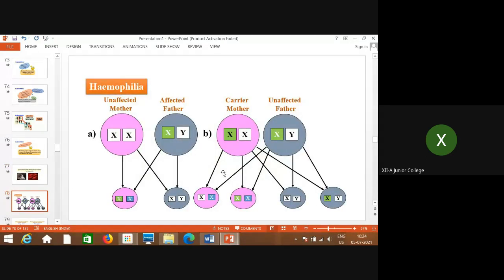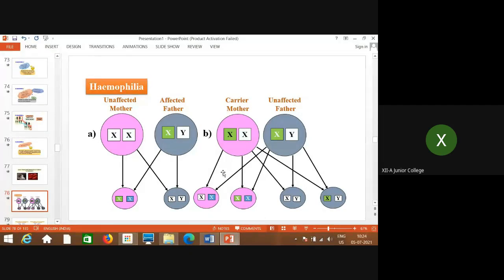Hemophilia is different from sickle cell anemia. Understand, in sickle cell anemia, what happens? The blood cells change their shape to sickle shape, and that's why they clot in the blood vessels and may lead to death at a very early stage. Here the difference is that the clotting factor is not functioning.